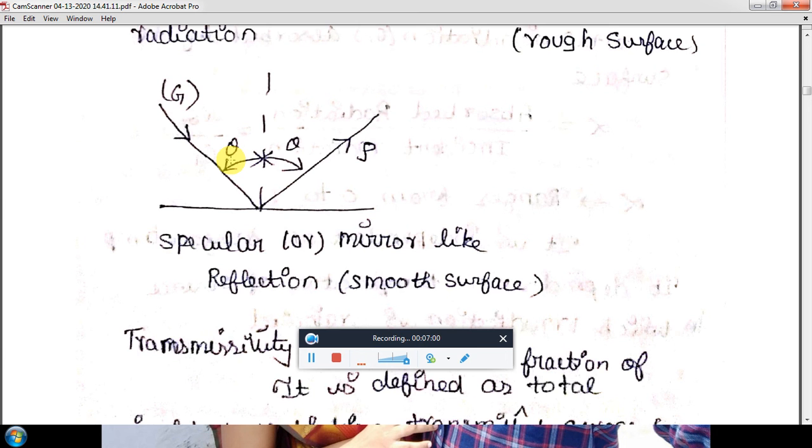If the incident angle of irradiation and the angle of reflection are the same, then we call it specular or mirror-like reflection. It only takes place on a smooth surface.